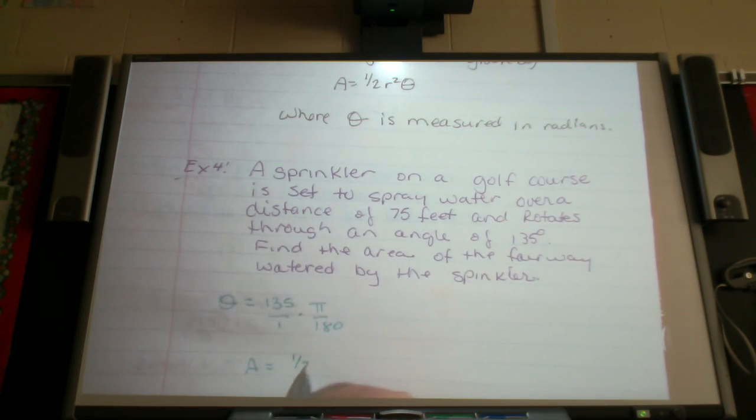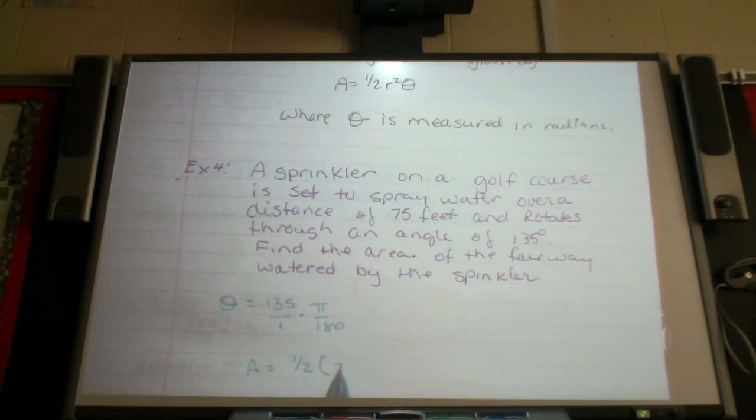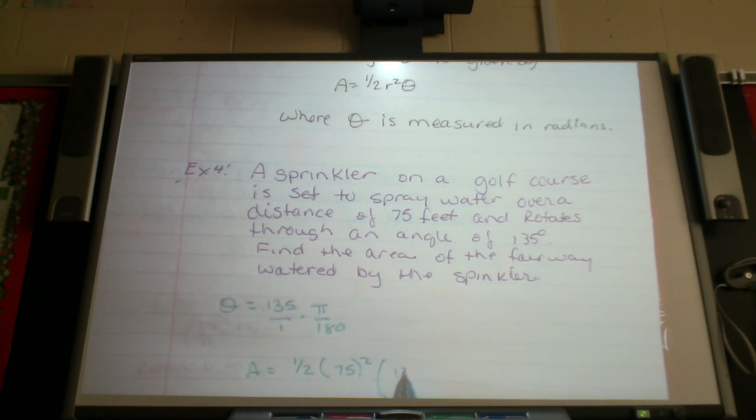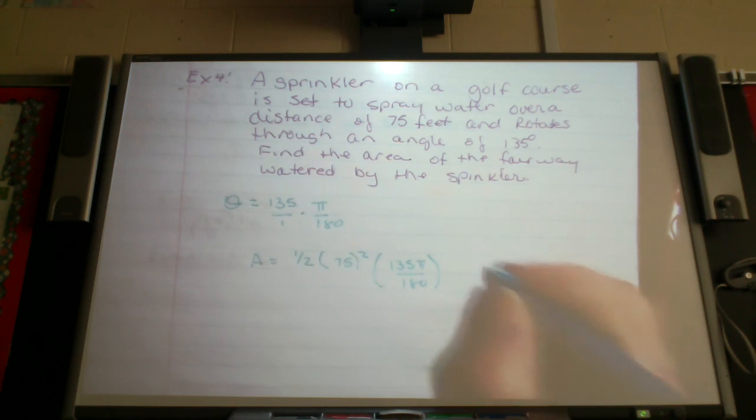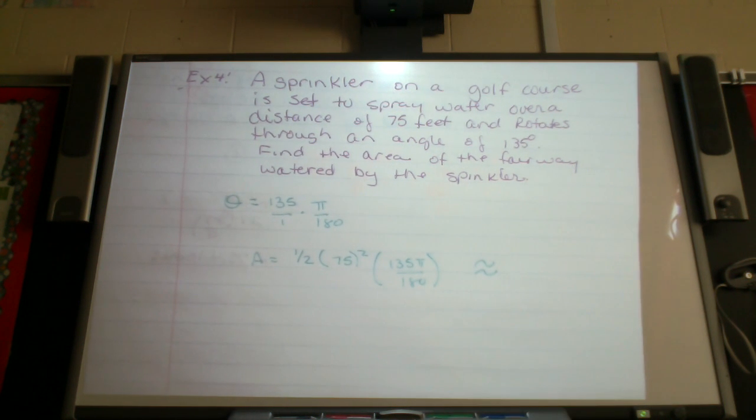I have area equals 1/2, what's your radius? 75 squared, and then times your theta. I just left it like this. I'm gonna have to get my calculator out, so I might as well just do it all at once. See what you get.